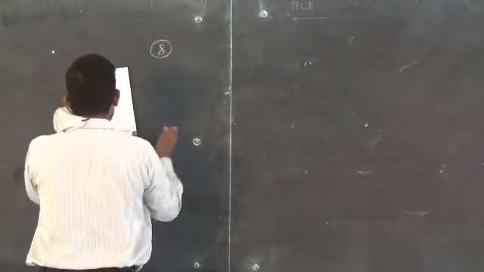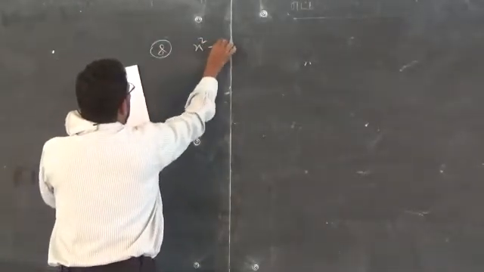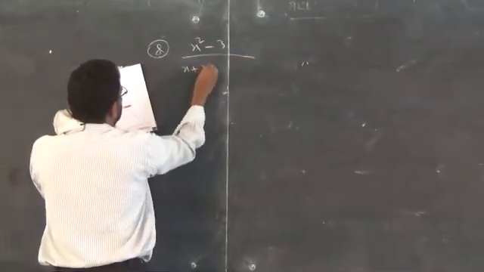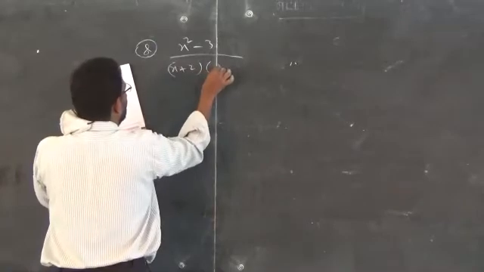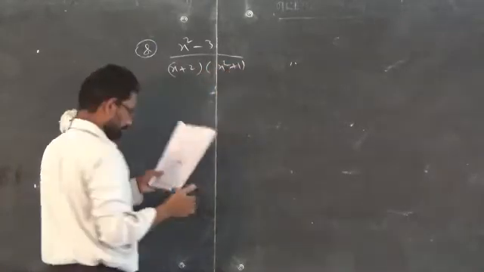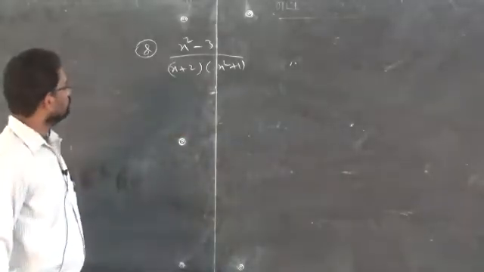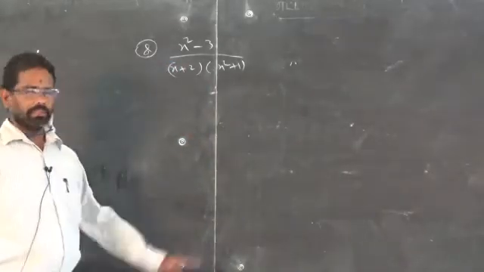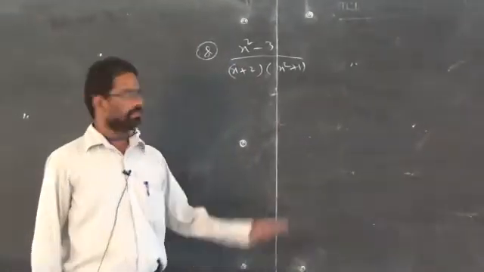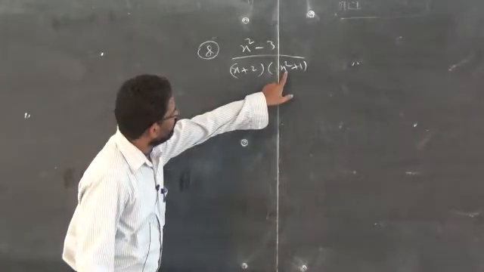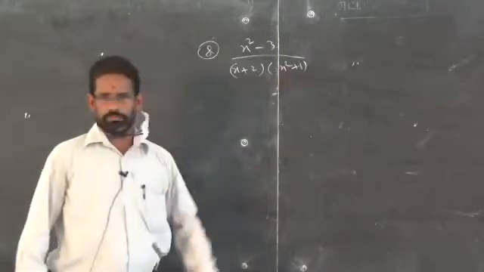Sum number 8: (x square minus 3) by (x plus 2)(x square plus 1). Boys, listen. 2 factors are given here. But let's see that the second factor is non-factorizable.